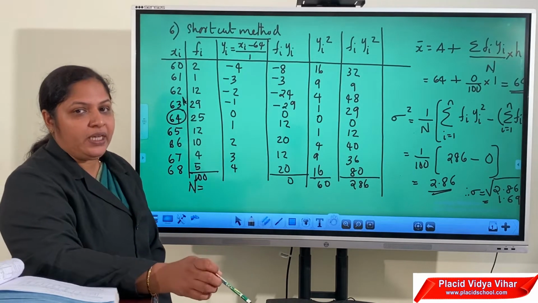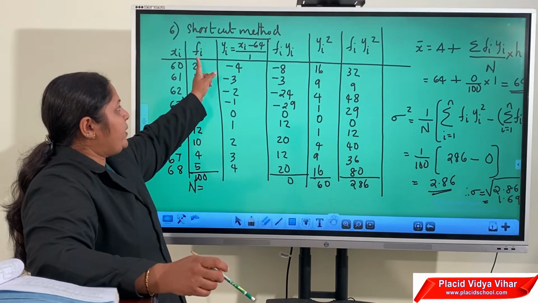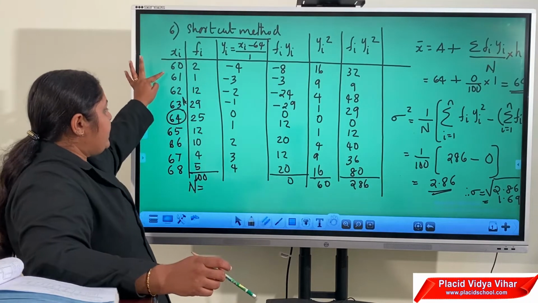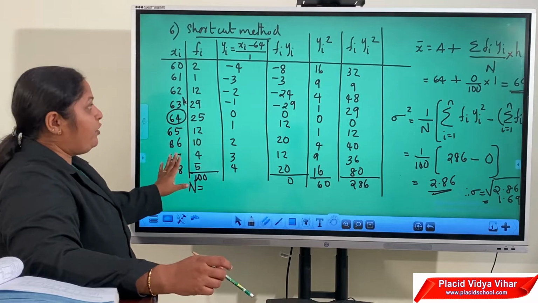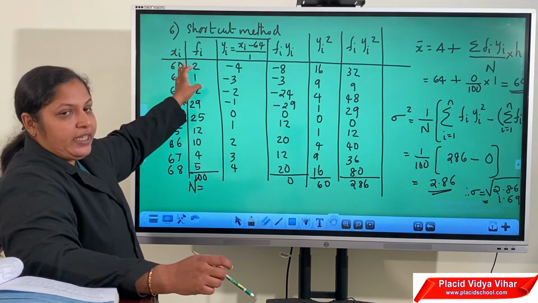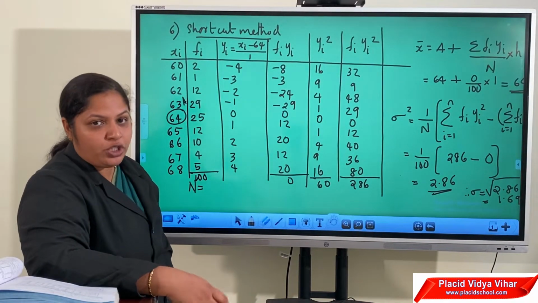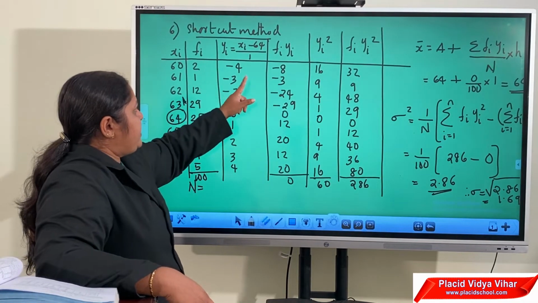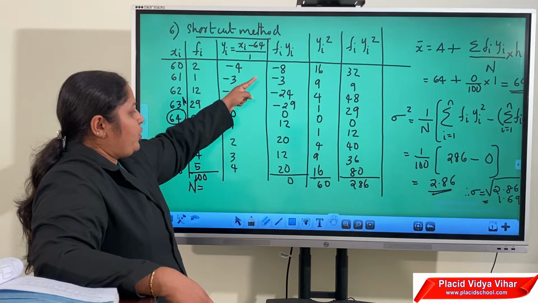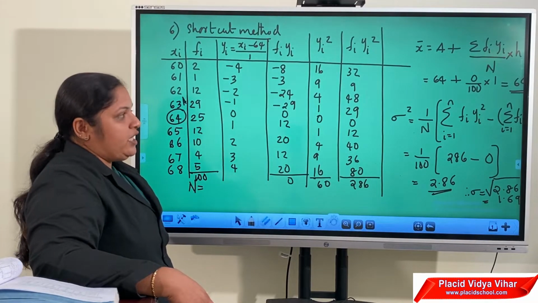Then to find the mean, you have to multiply the frequency with these deviations. As these numbers are bigger, multiplication will become tough when we do Xi Fi. That is why we consider yi, we use the shortcut method. So now multiply this yi with Fi: minus 8, minus 3, minus 24, etc. We will get Fi into yi.